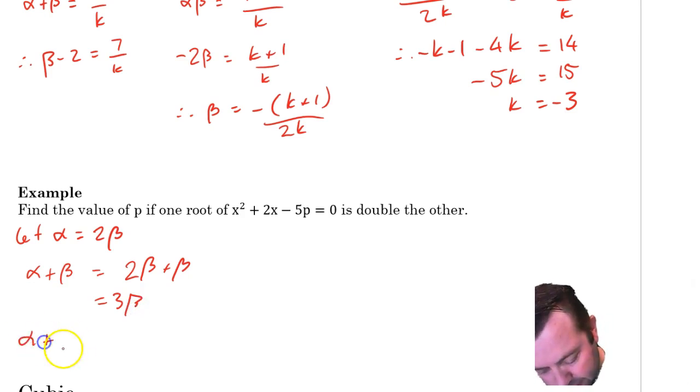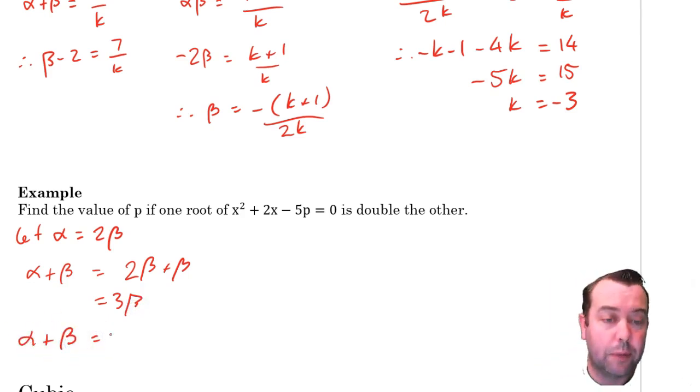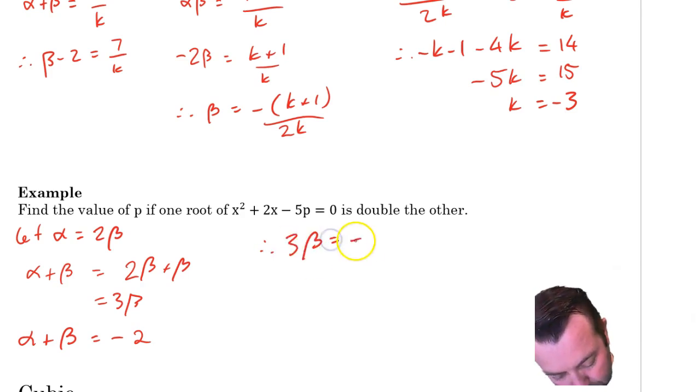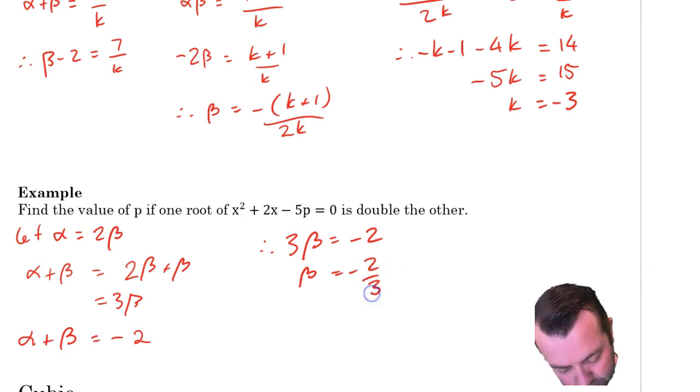Also, alpha plus beta is minus b over a, which is negative 2. Therefore, 3 beta equals negative 2, so beta equals negative 2/3.